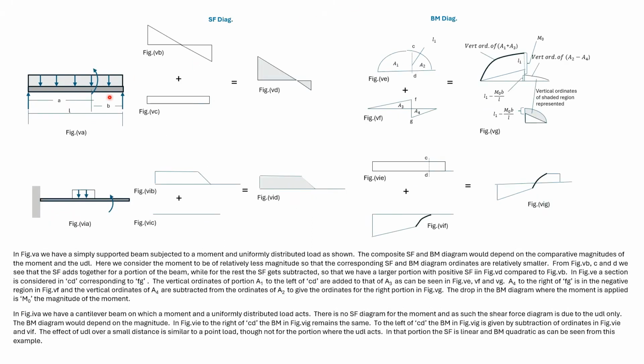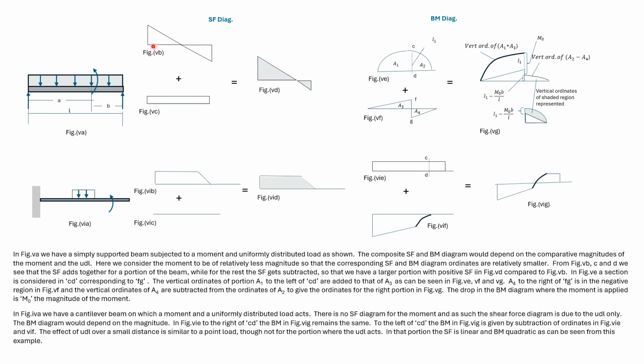Here we have a beam subjected to a UDL and a moment. The ultimate shear force diagram, that is the composite diagram, would depend on the magnitude of the moment and the shear force. So here we have drawn the shear force diagram for a chosen case.